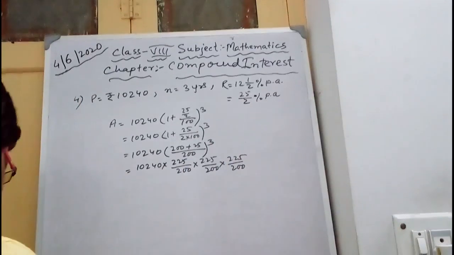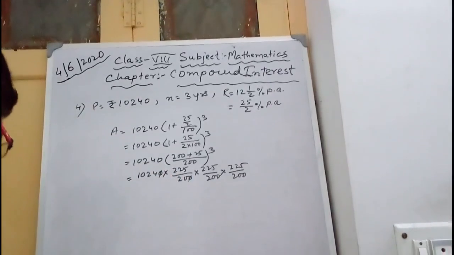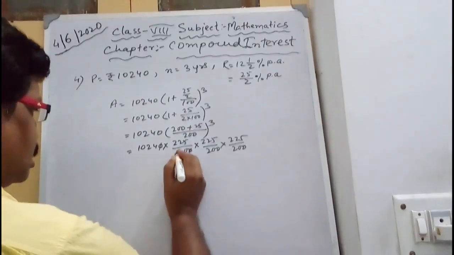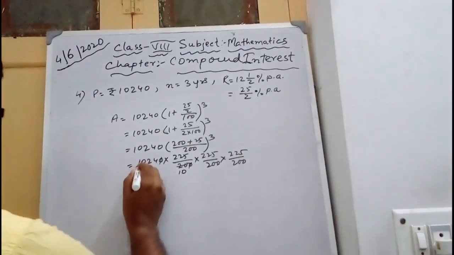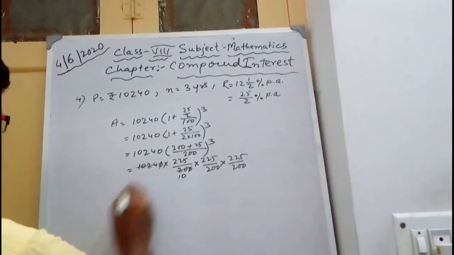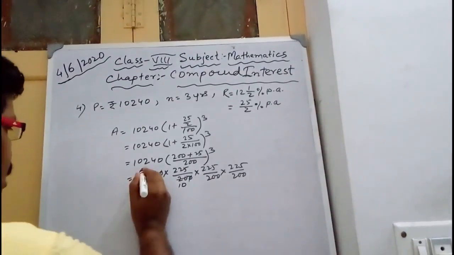Now reduce it. First cancel 0. Then divide by 2. This one also divide. 25.